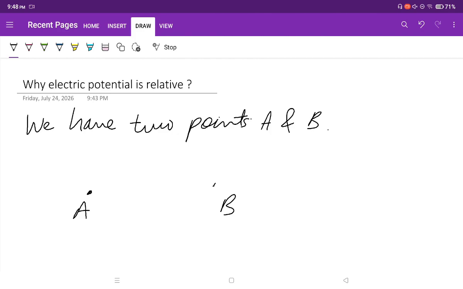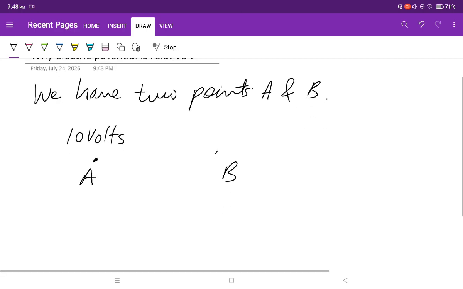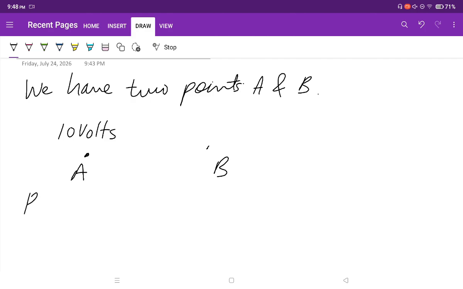Now if I say point A is at 10 volts, I say that point A is at 10 volts potential.